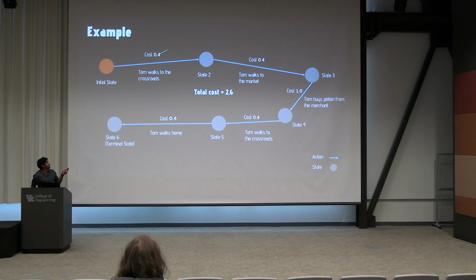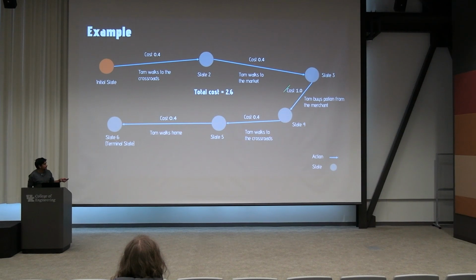So this action is causally necessary to this action. In order for this action to happen, this action must happen before that. So that is why this becomes causally necessary to this action. If that is the case, we give that action a cost of 0.4.